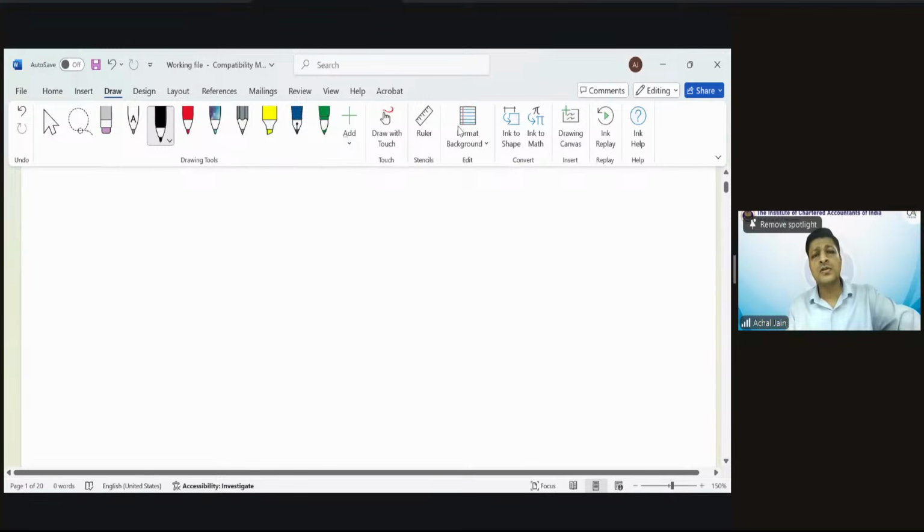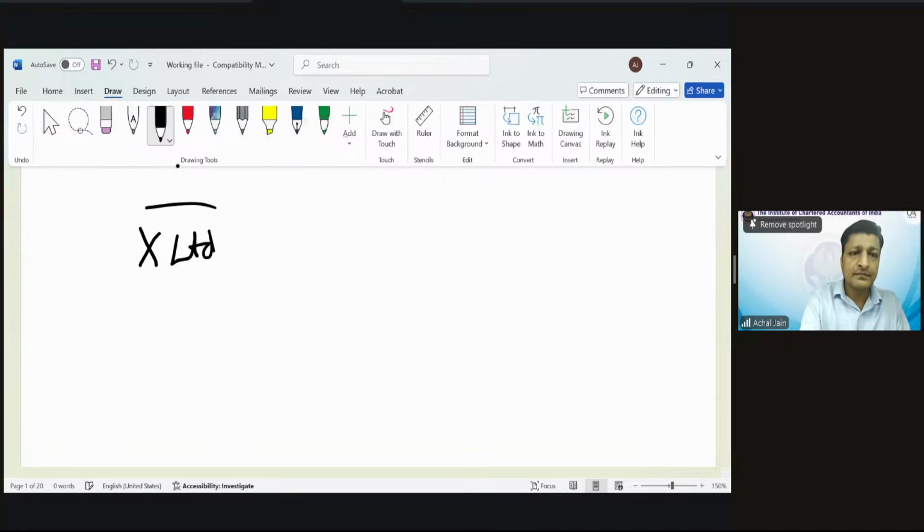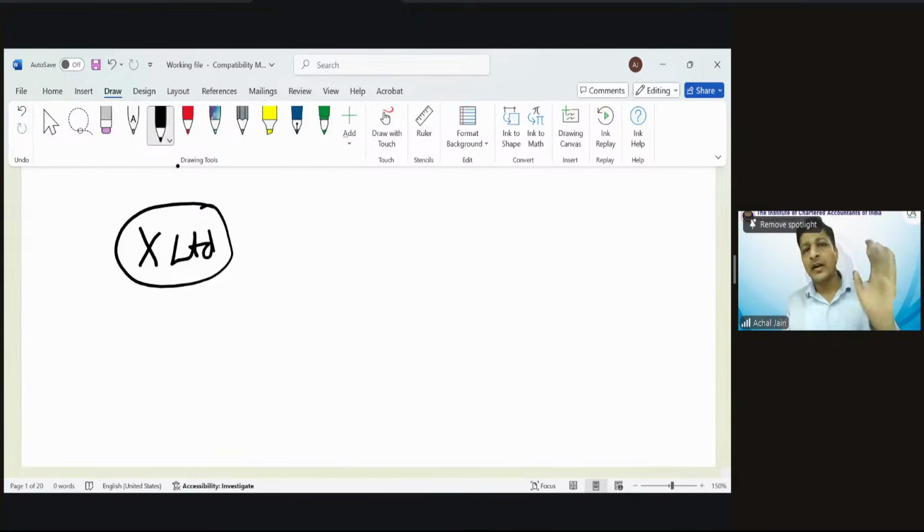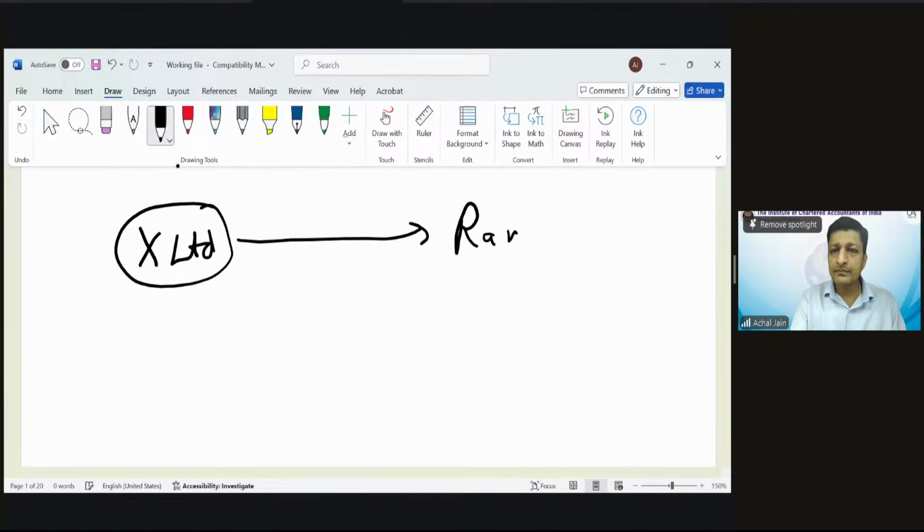So let's suppose there are two arrangements. Let's suppose we have a company X Limited. Now X Limited has engaged two parties. One is, let's suppose, Ram. With Ram, X Limited has an arrangement: Ram will work with the company on a full-time basis.